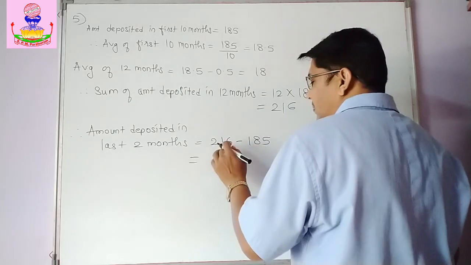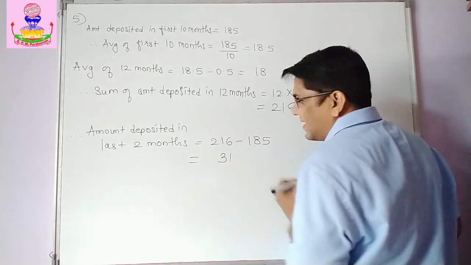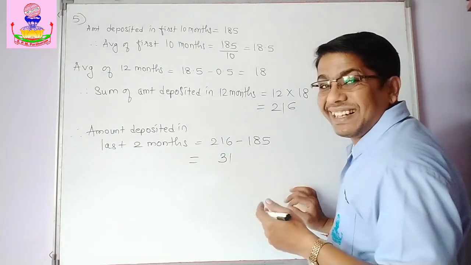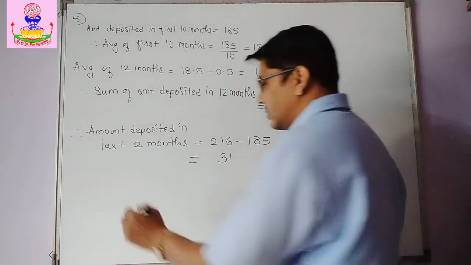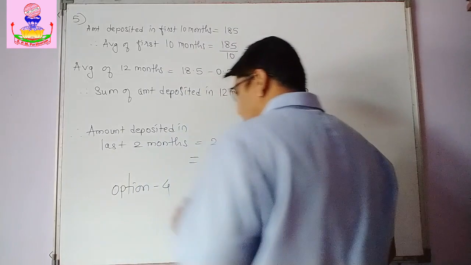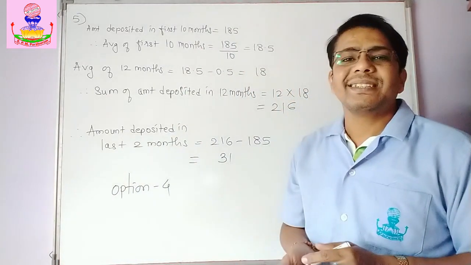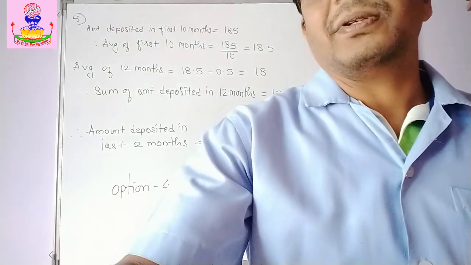So 6 minus 5, 1. 11 minus 8, 3. That is the answer. So option number 4. Option 4 is the answer. Okay, so let's move to the next example.